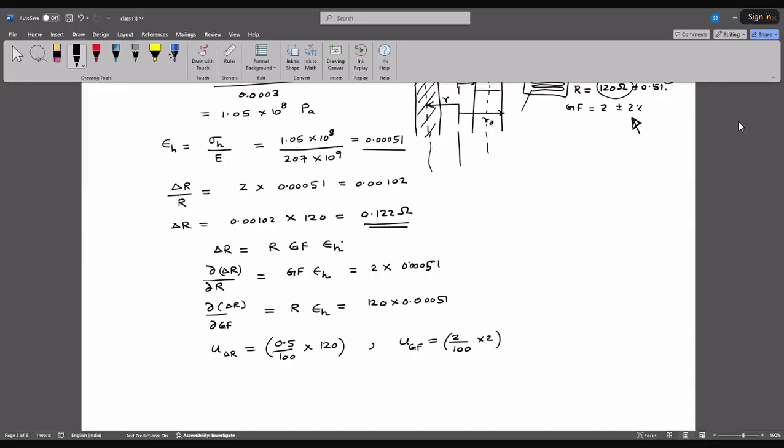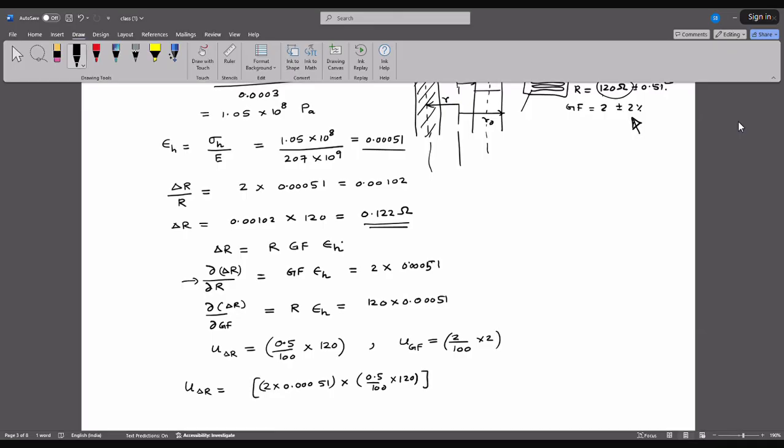So now we can use the formula. U delta R is going to be, first let's see with respect to the resistance, that is 2 into 0.00051, that into 0.5 by 100 into 120.